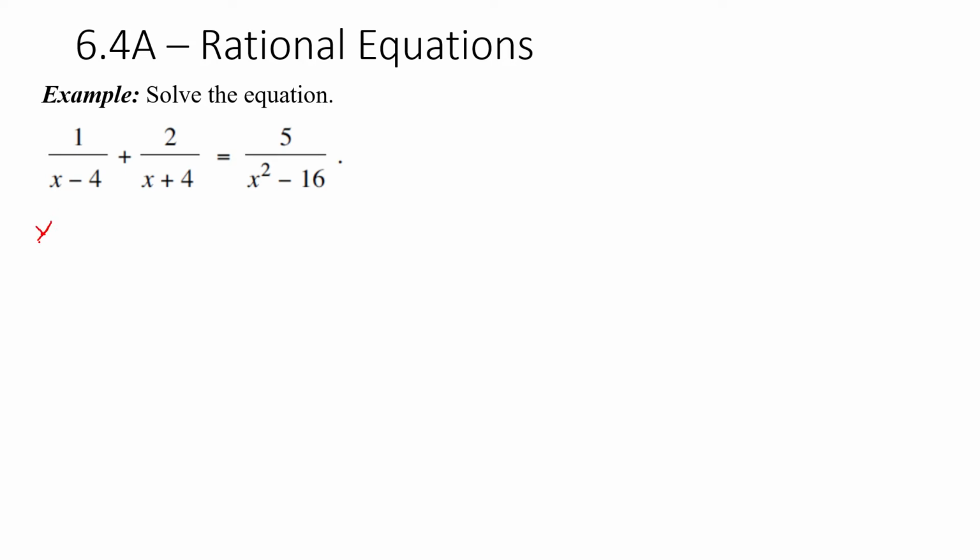We'll do so in PV. x minus 4 is equal to 0, so x equals 4, and then x plus 4 is equal to 0, so x can't be negative 4, and then x squared minus 16 equals 0, so x squared equals 16, square root both sides, so x equals plus minus square root 16, so x can't also equal plus minus 4.